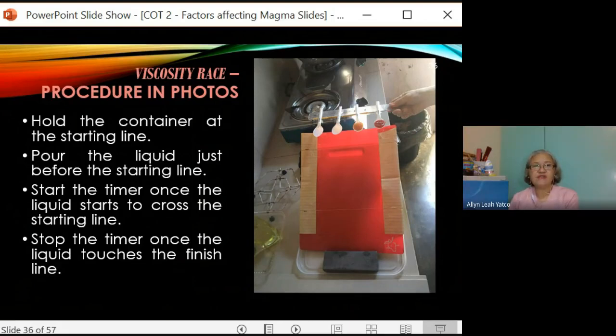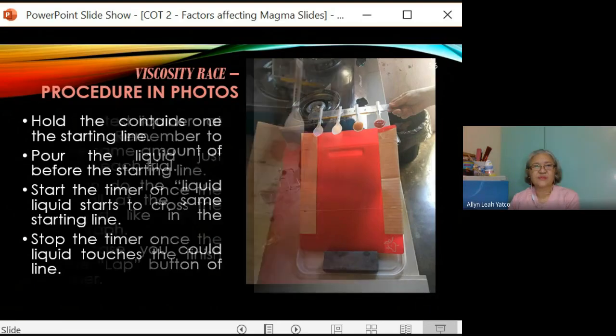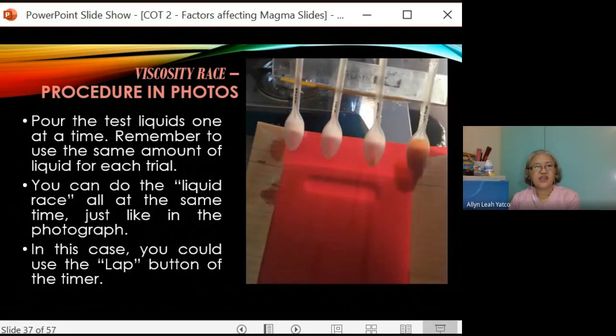Start the timer once the liquid starts to cross the first line. Stop the timer once the liquid touches the finish line. Now, in this case, you can pour test liquids one at a time.